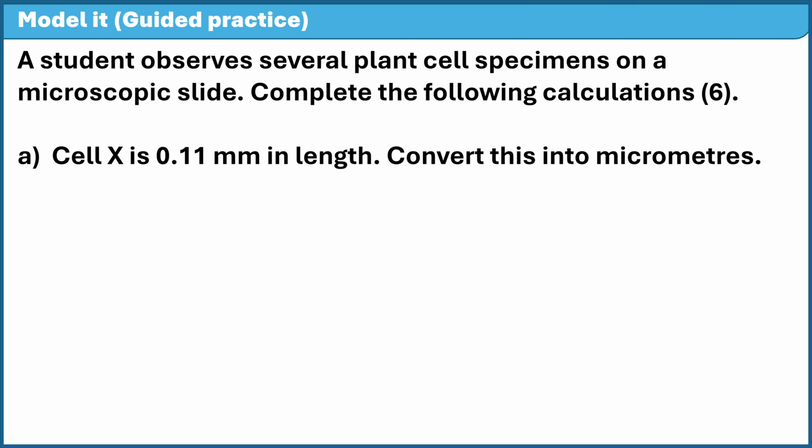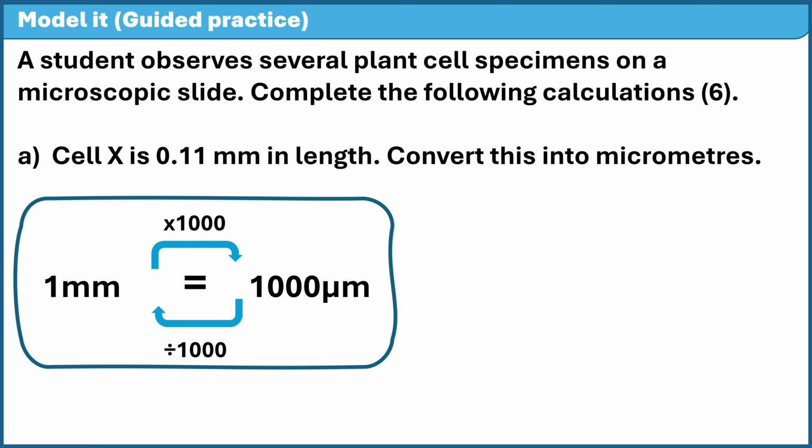A student observes several plant cell specimens on a microscopic slide. Complete the following calculations. There are 3 questions, and each question has 1 mark given for the answer and 1 mark given for the unit. Question A says, cell X is 0.11 millimeters in length. Convert this into micrometers. Step 1 is to identify the direction of your conversion.